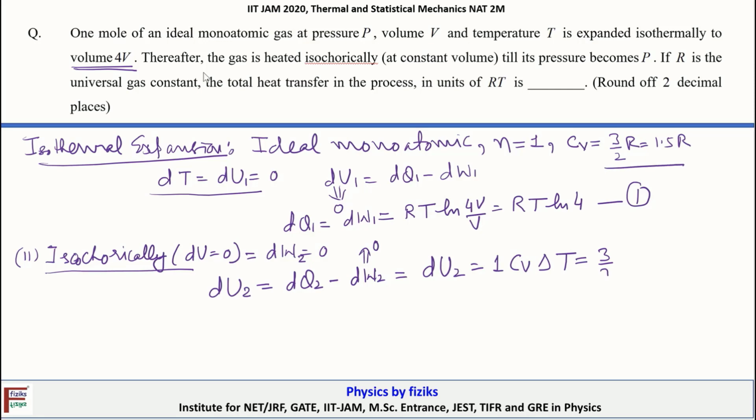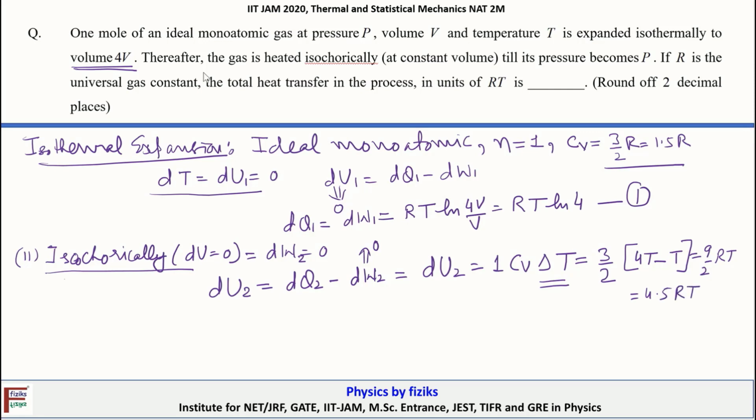And then what is delta T? I'm going to write the delta T value here, where 4T was the initial temperature. I'm going to explain in a moment why 4T was the temperature in the initial state before we started this process. Just let me write it first: 4T minus T, the final temperature, and then it is finally equal to 9/2 RT, or 4.5 RT.